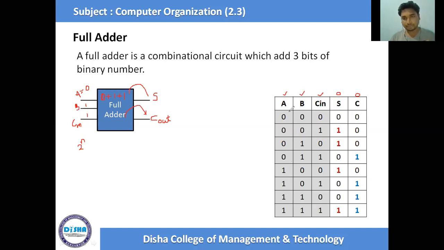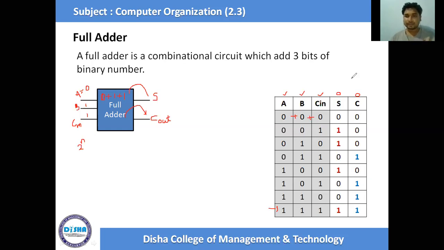When we add 0 plus 0 plus 0, we get sum 0 and carry 0. Similarly, when we add 0, 0, 1, we get sum 1 and carry 0. Similarly we get the other rows, and according to that we get the sum value and carry value. In the last case, when we add 1 plus 1 plus 1, we get the sum as 1 and the carry is also 1.